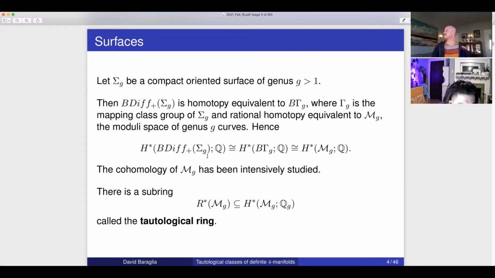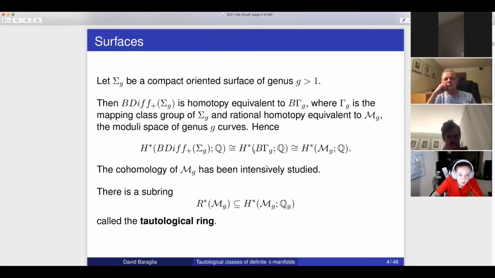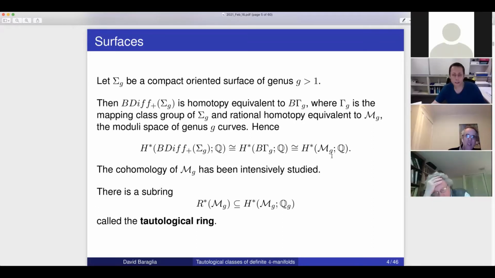So the cohomology of BDiff is the same as the cohomology of the classifying space of the mapping class group, and that's also the same thing as the cohomology of this moduli space of curves, M_g. This last object, the cohomology of this moduli space, has been very intensively studied.